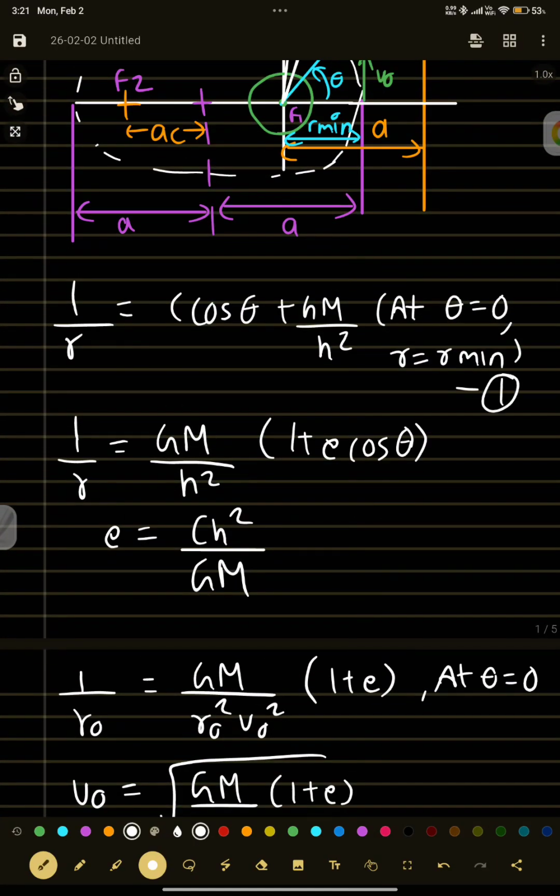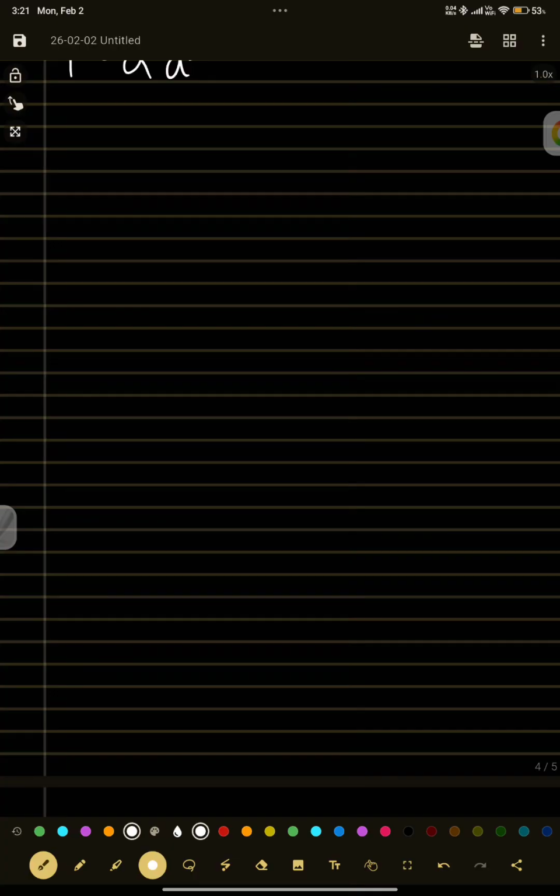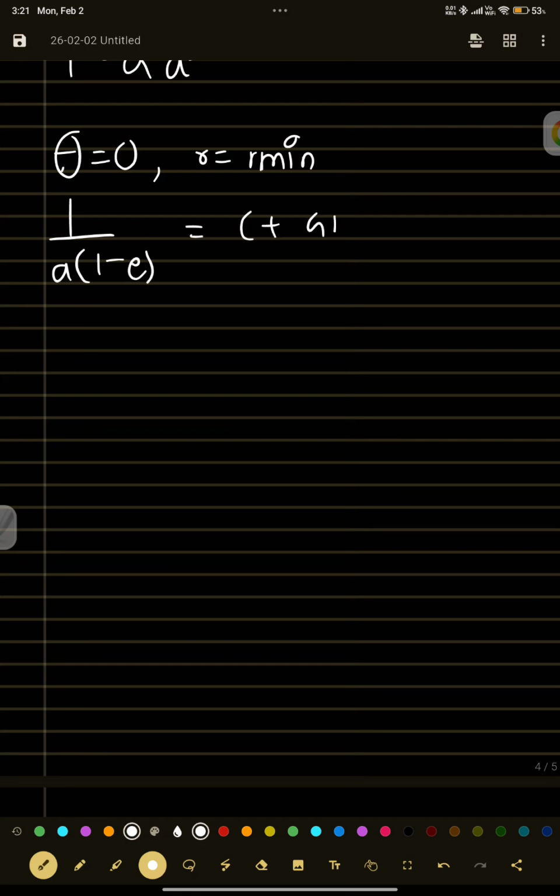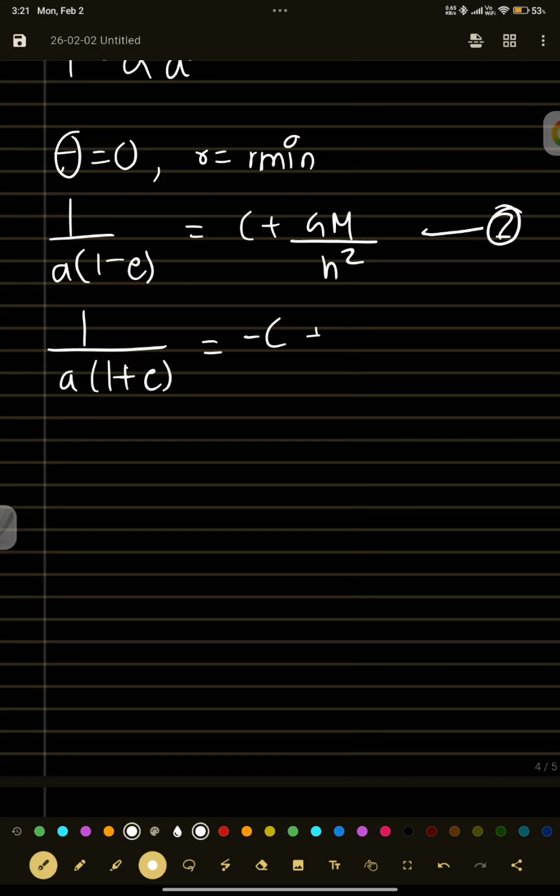When theta is equal to 0, r is equal to r minimum, and then you have 1 by 1 plus e equal to C or minus C. This is 1 by r minimum and this is 1 by r maximum. So this has to be minus.